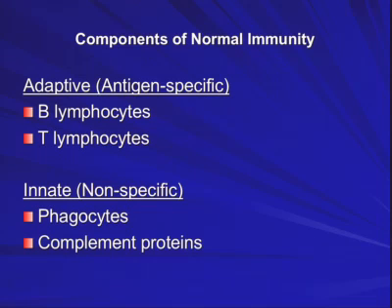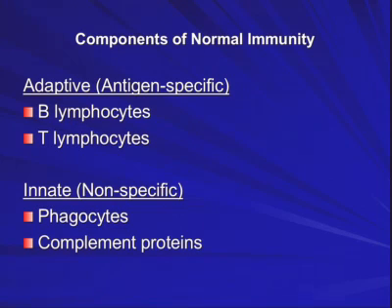And so the parts of the adaptive immune system are the B lymphocytes, which make immunoglobulin or antibody, and T lymphocytes, which provide cell-mediated immunity. And again, these have specific receptors that sit there waiting all their life for the right antigen to come along.